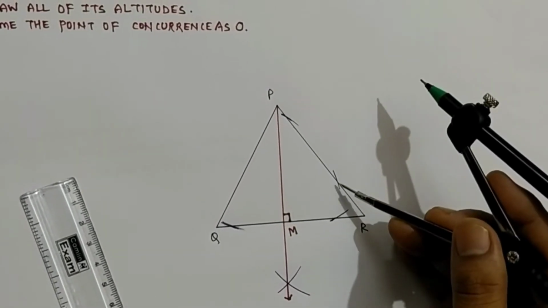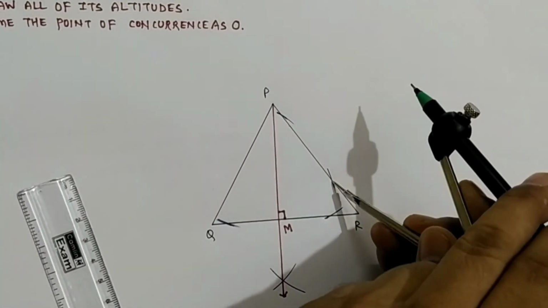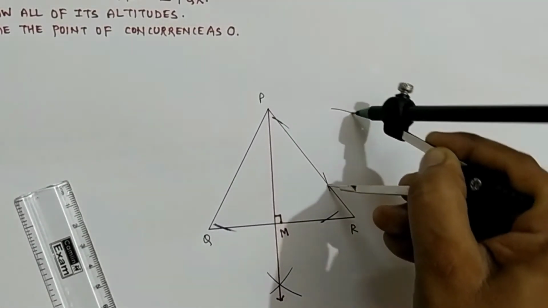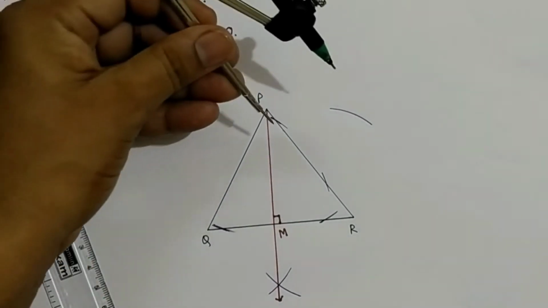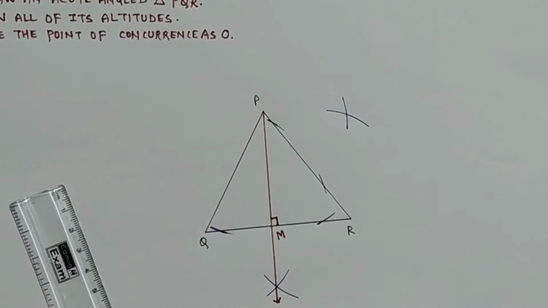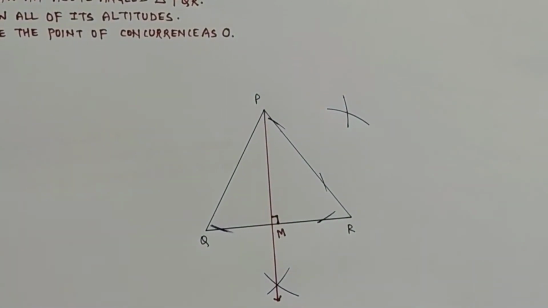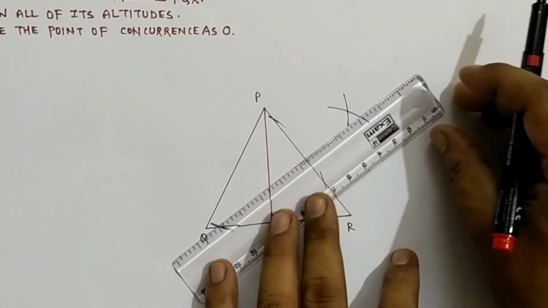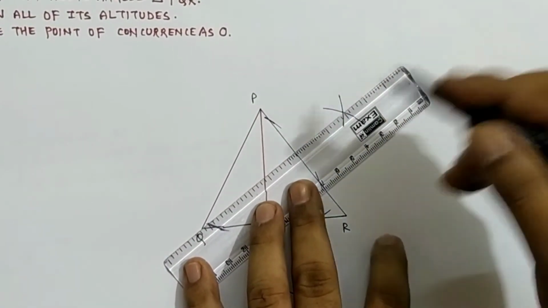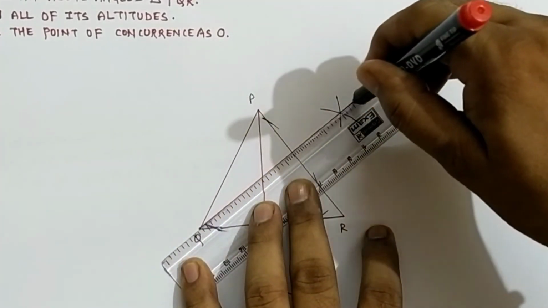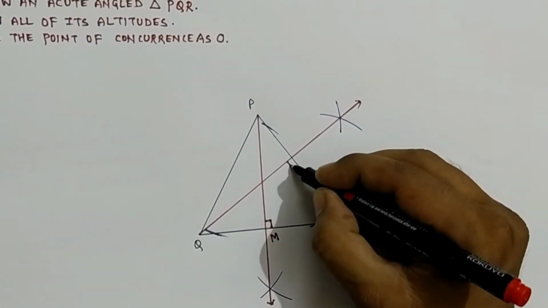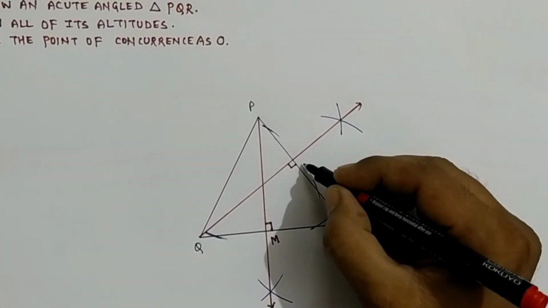And now keep it on this arc which you have cut, take more than half distance, and from there you cut the arcs. You can see that. And now from this point Q we draw the perpendicular on the opposite side. So here we draw this perpendicular sign, and this point is N.